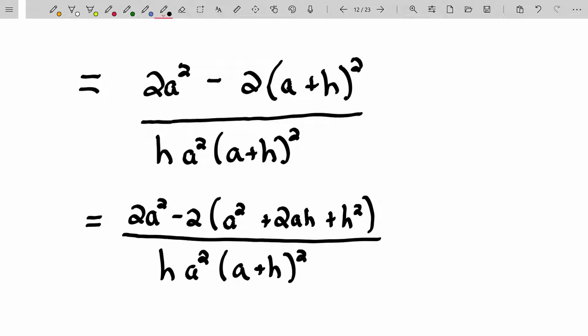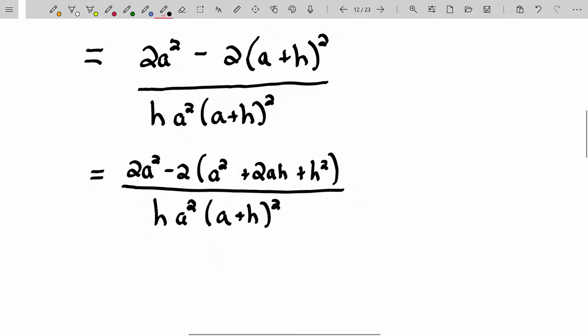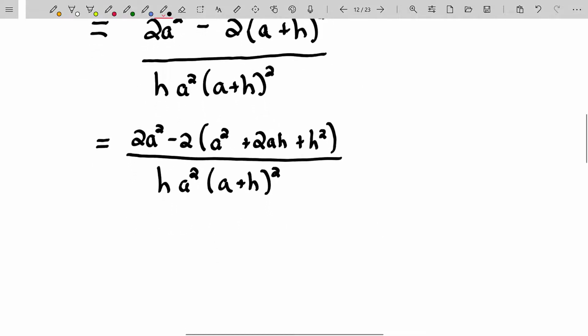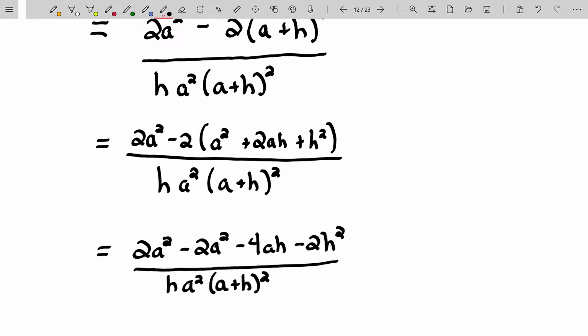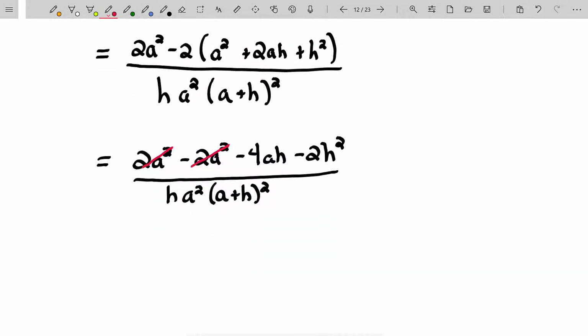You do this because you want to condense or combine things in the numerator as much as possible. And notice something very special happens. When you distribute out that -2 to each of the terms in that trinomial, you find that 2a squared cancels the -2a squared, and you're left with this statement right here.